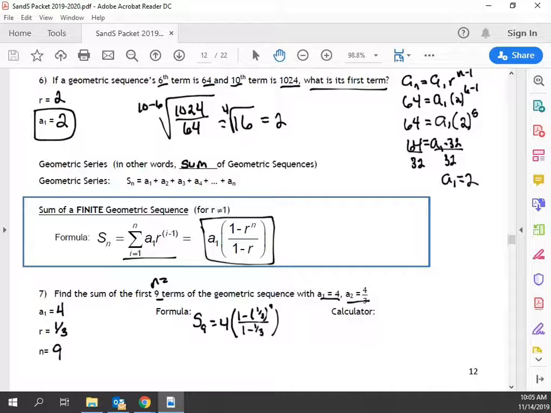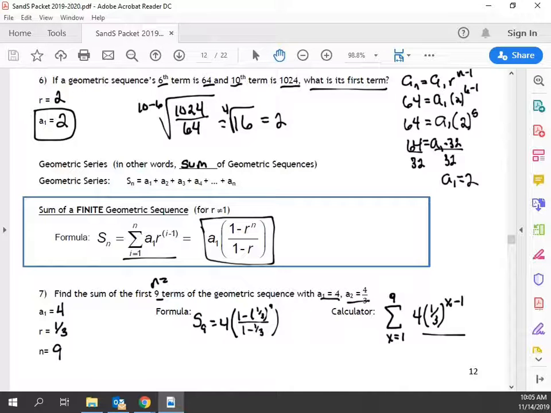So you can put this in your calculator right now. Press enter and see what you get. Another way is you can use a summation, starting with 1 up to 9 of your first term, 4, times 1/3 raised to x minus 1, because that's the equation of a geometric sequence.